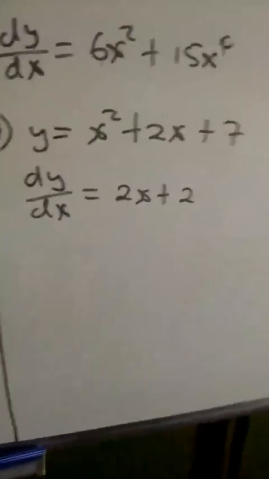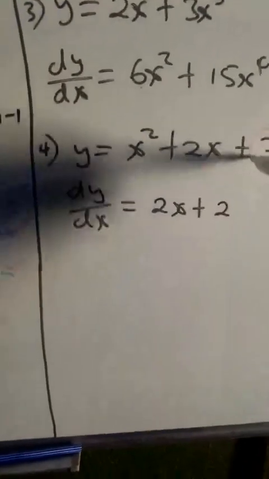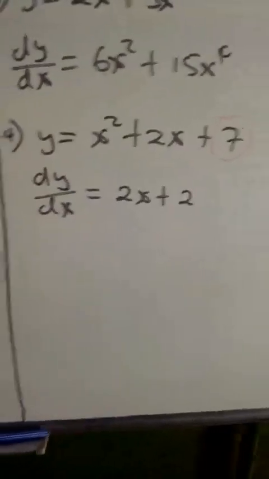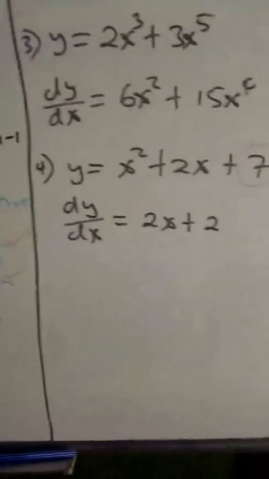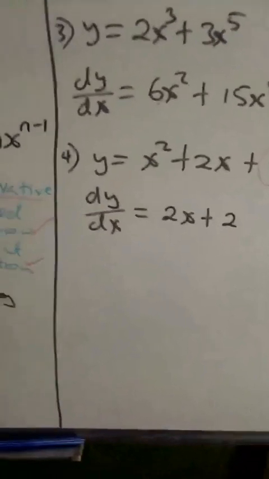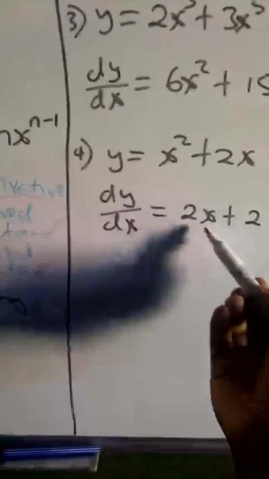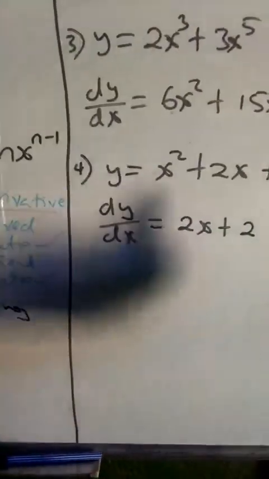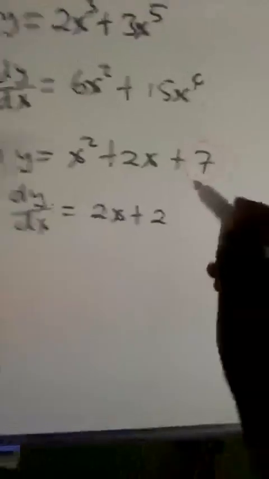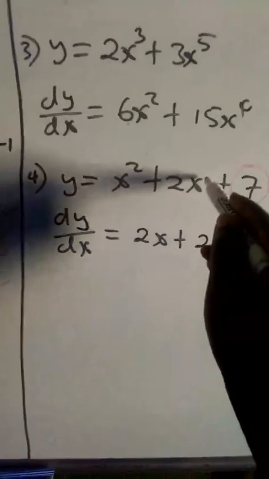Then for the fourth one, here we have a different term. This is a constant, right? Note that if you differentiate a constant, it becomes 0. So I have differentiated x squared here, and it becomes 2x. And I have differentiated 2x, and it becomes 2, because you are dropping the power.